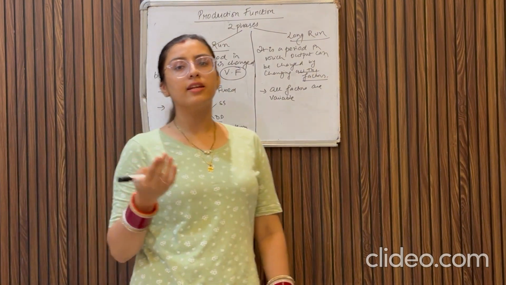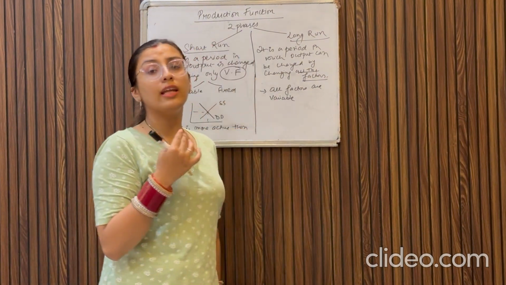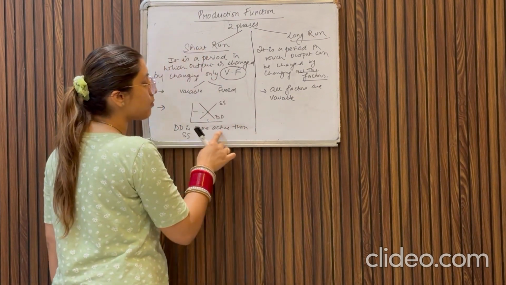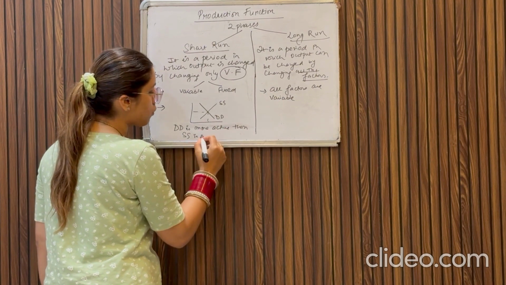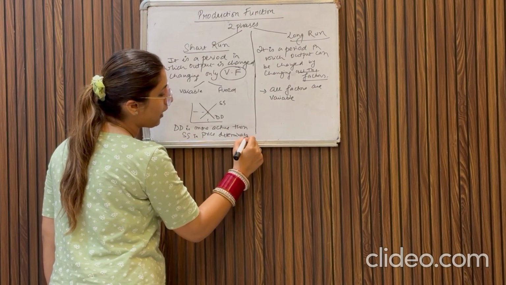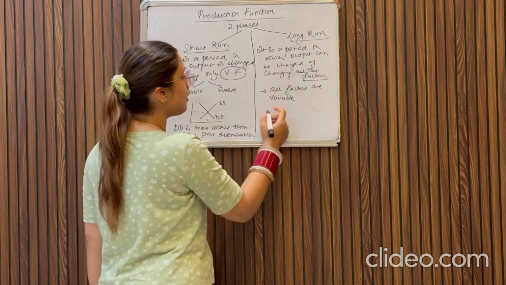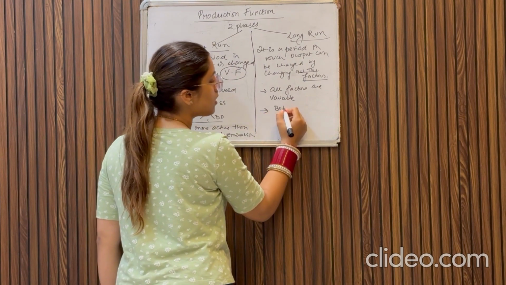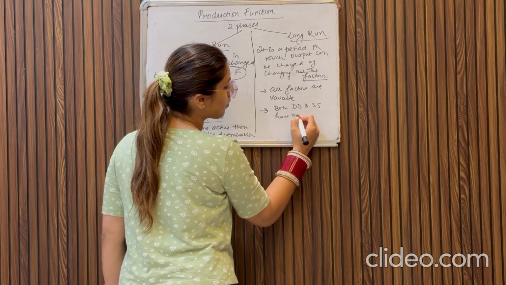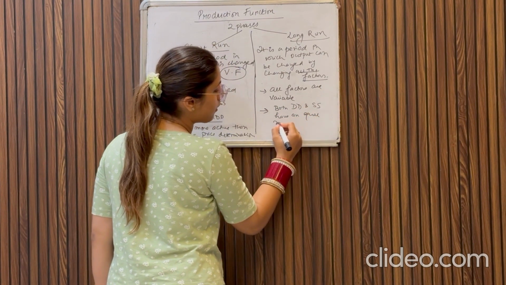Suppose there is an increase in the demand of a particular commodity; we cannot increase the supply immediately. So in the short run, demand will play a greater role, while in the long run, both demand and supply have an equal role in price determination.